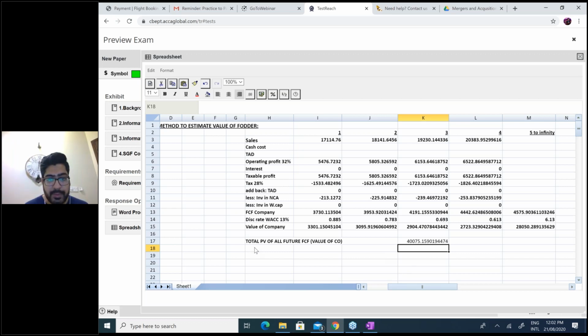We get the value of company, then deduct the value of debt. Debt in this company was 10%. So deduct 10%. What is the 10% of this? K17.